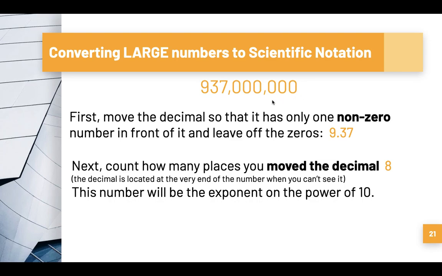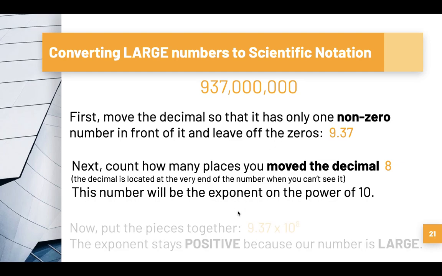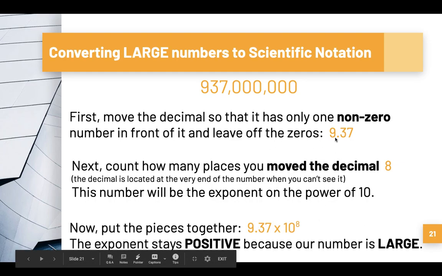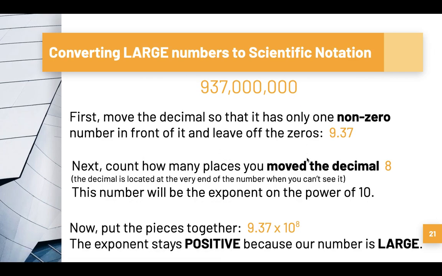We moved it 3, 6, 7, 8. We moved it a total of 8 places. The decimal is located at the very end where you can't see it in this one. So this number will be the exponent on the power of 10. Let's put it all together. It would be 9.37 times 10 to the 8th power. This exponent stays positive because it's a large number.